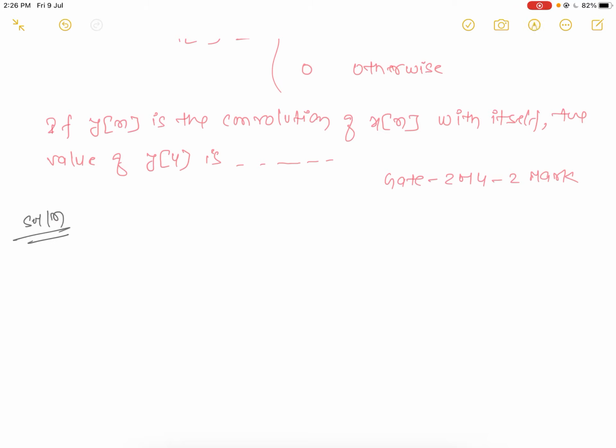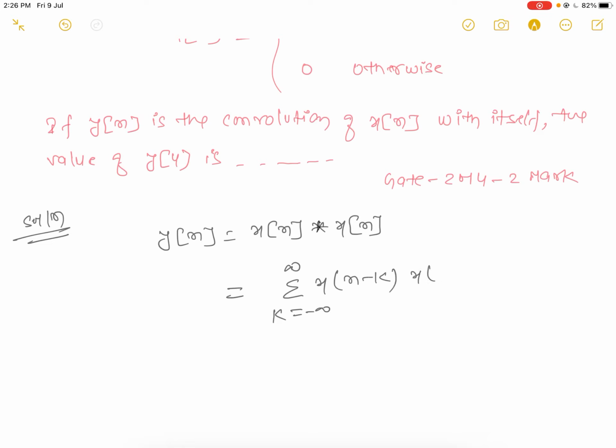Solution. We know that y[n] is nothing but the convolution of x[n] and x[n]. The formula of convolution is the sum from minus infinity to infinity of x[n minus k] and x[k]. This is equation 1.